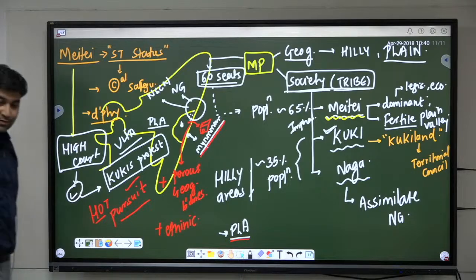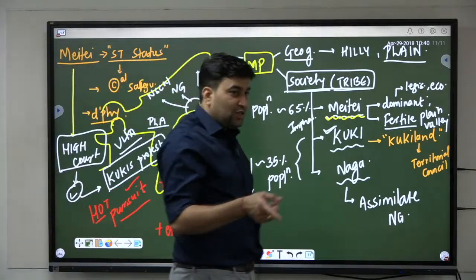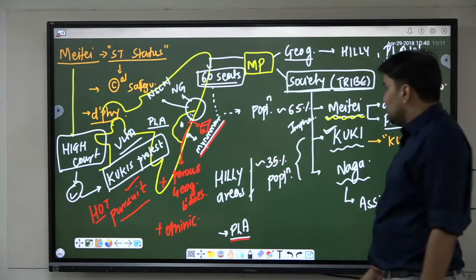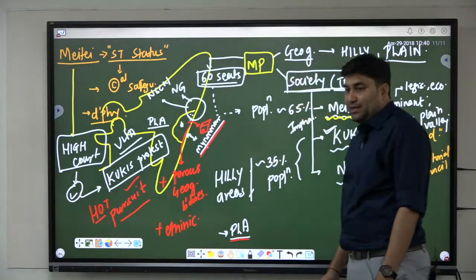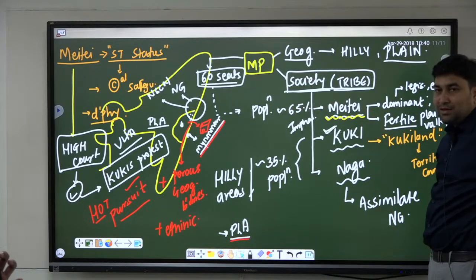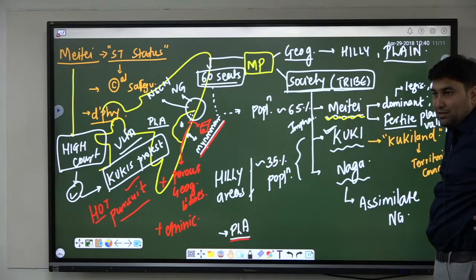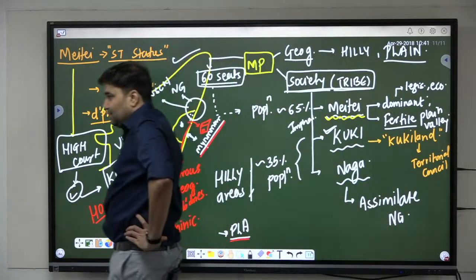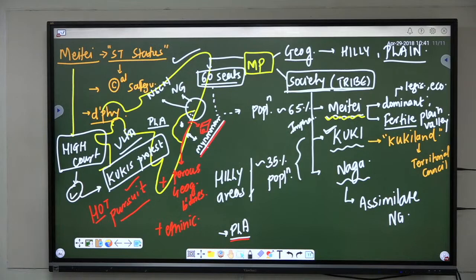Next point to write: different demands of different tribes. First, Meitei. What are they demanding? Meitei's first demand is for ST status.